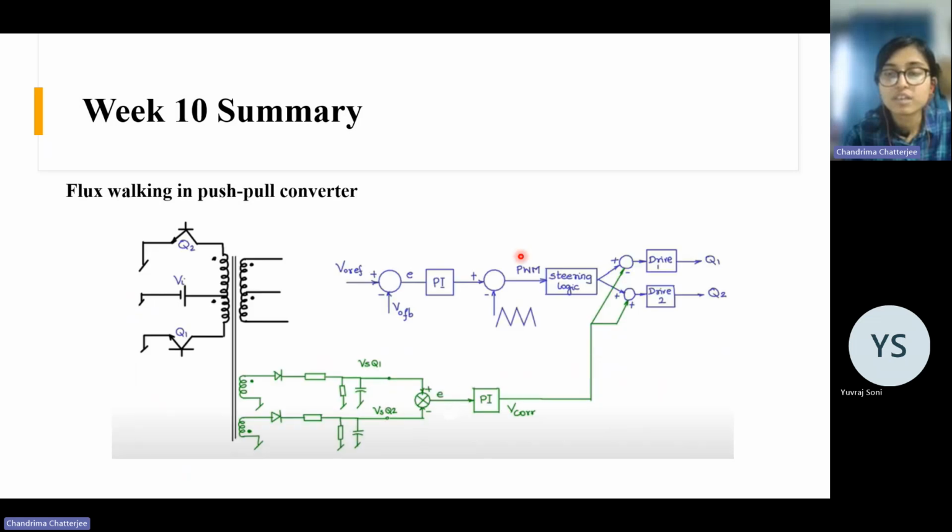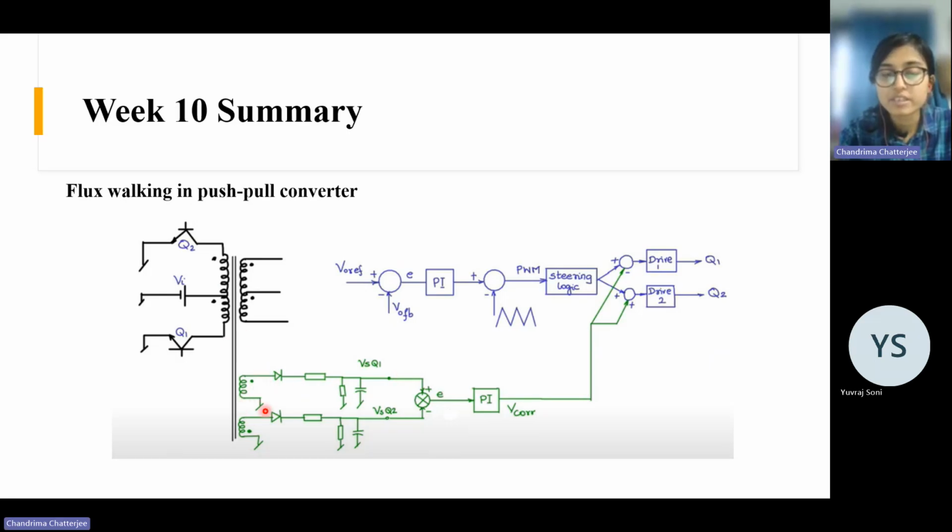So what is done to get rid of this problem? What we do is basically two additional windings are connected here like this on the same core.